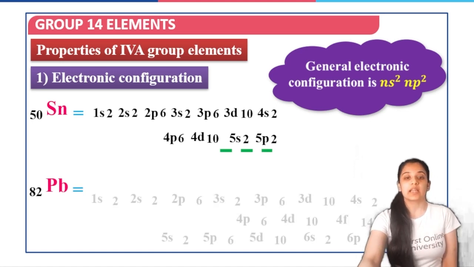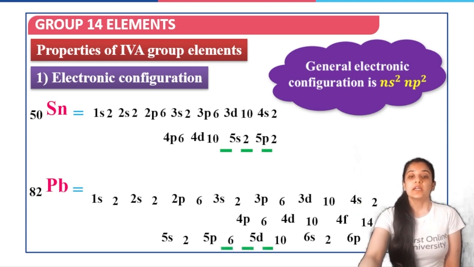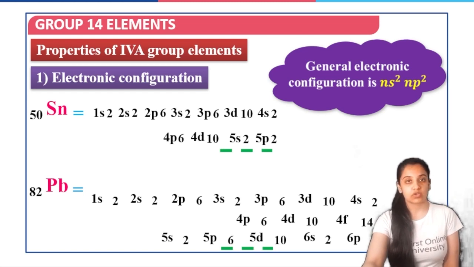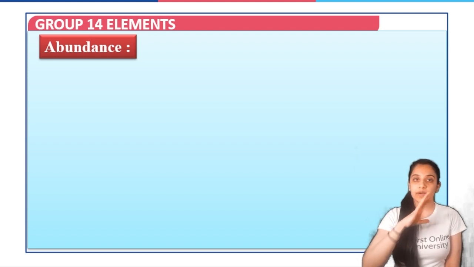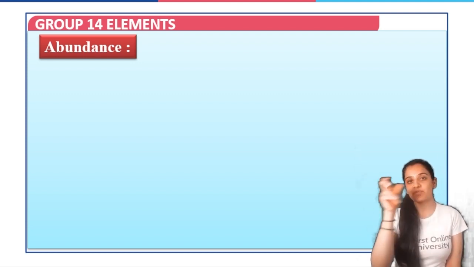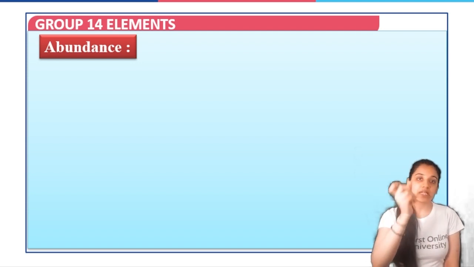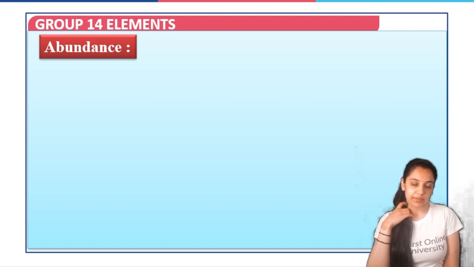So in the end, what we have is 6s2, 6p2. That is the valence shell electronic configuration. We've talked about electronic configuration. You do not have to learn the entire configurations, as I've told you for group 13 also. Just the previous noble gas and the rest of the configuration would solve your purpose.